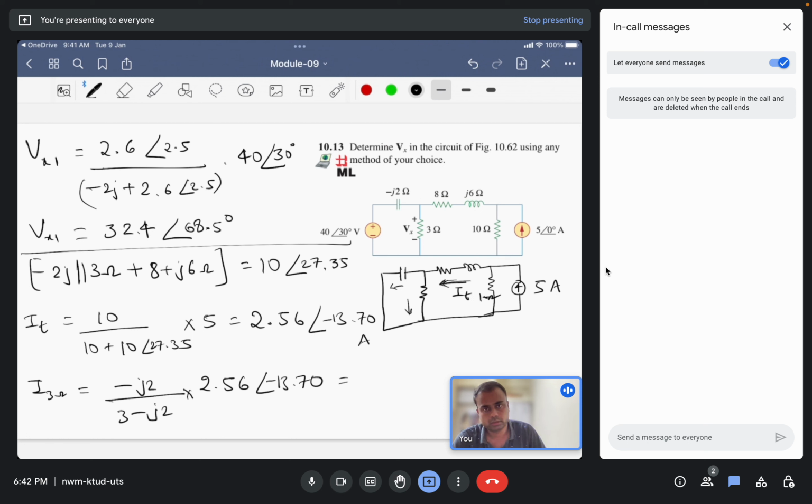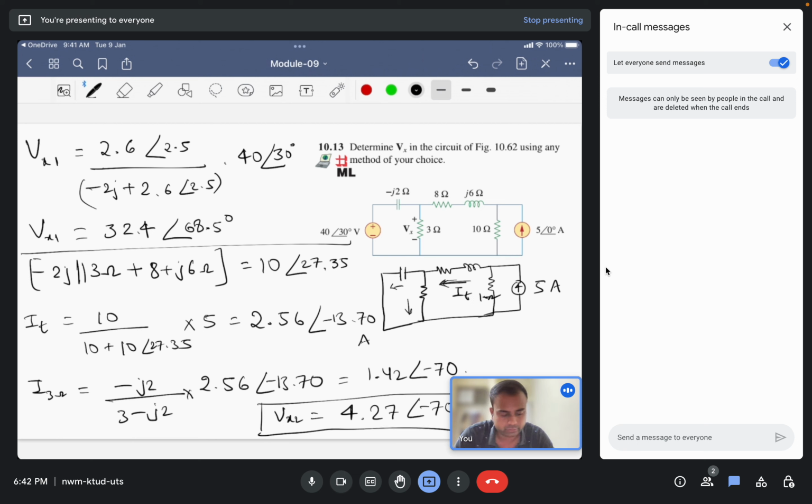So this comes out 1.42 angle minus 70. So Vx2 will be this multiplied by 3, so 4.27 angle minus 70. So now we have Vx1 and Vx2.